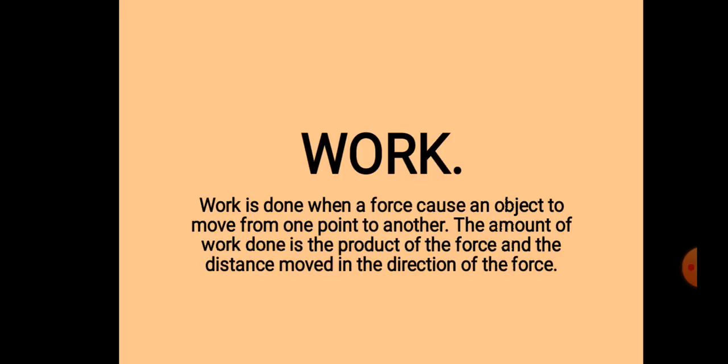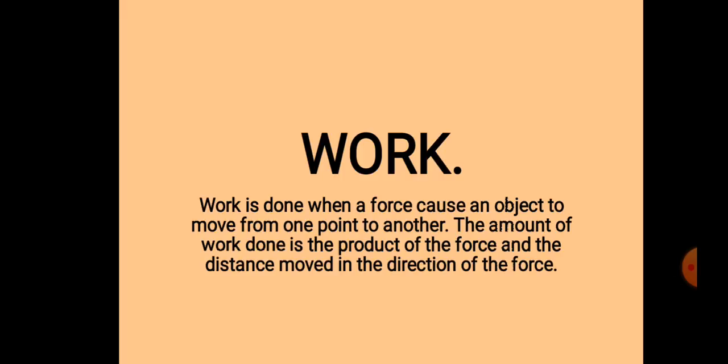The amount of work done is the product of the force and the distance moved in the direction of the force. Now, it's still relating to the first thing I said. Before you can measure the amount of work that you have done, there must be movement, because it is the movement that will determine how much distance that object has moved.